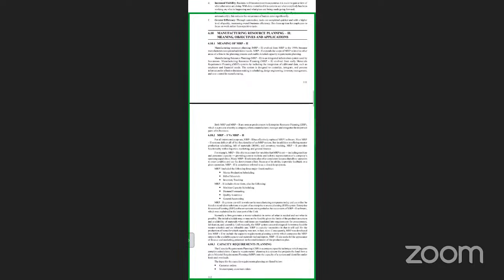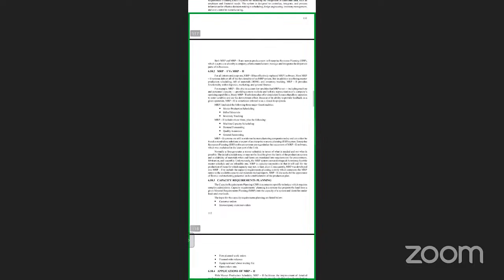This evolved in the 1980s because manufacturers recognized additional needs, that is, expanding MRP to involve other areas such as the planning process and to enable detailed capacity requirement planning. MRP II is an integrated information system used by business, evolved from early material requirements planning, including the integration of additional data such as employee and financial needs. The system is designed to centralize, integrate, and process information for effective decision making in scheduling, design, engineering, inventory management, and cost control in manufacturing.